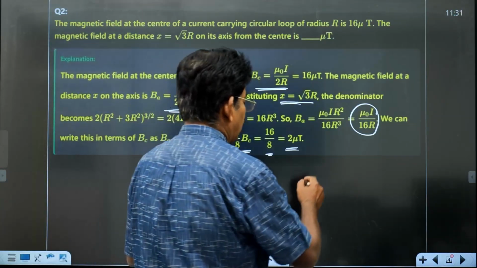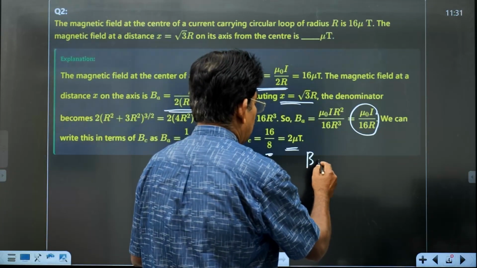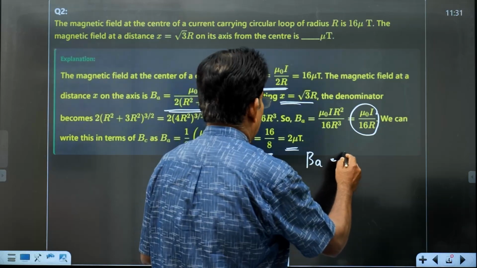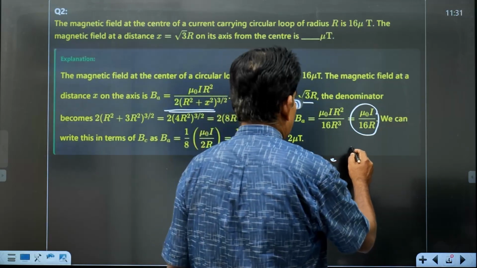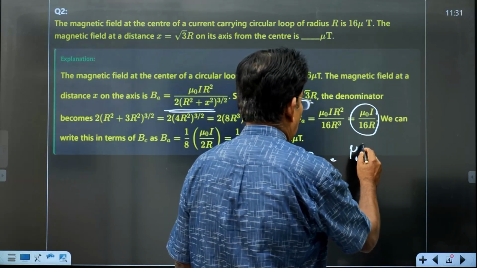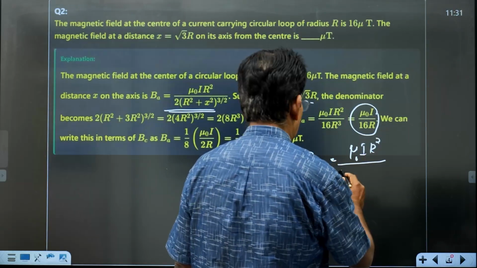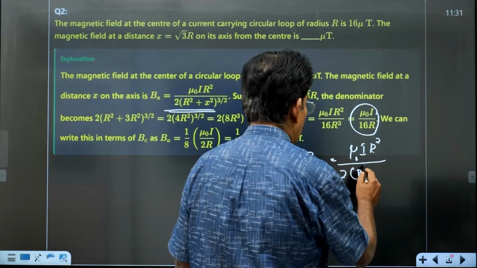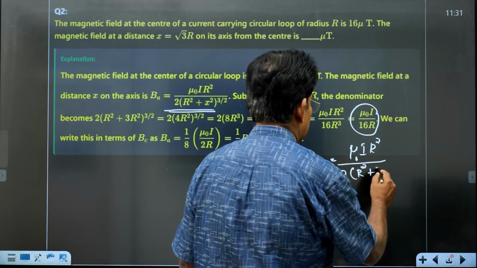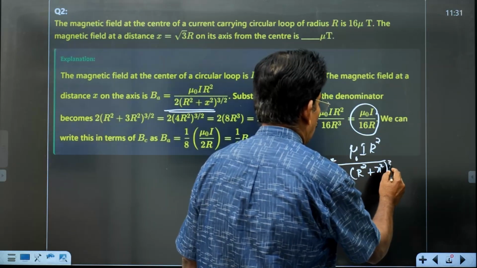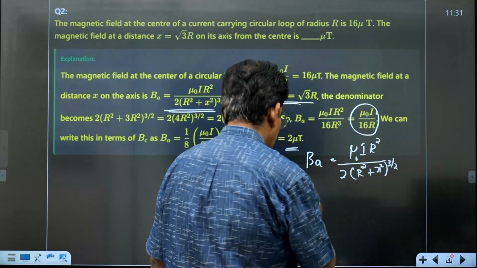What relation are you making? B at any point on the axis. I'm going to write it as, look at the formula, mu 0 I R squared divided by 2 into R squared plus x squared whole to the power of 3 by 2. You can do one thing.